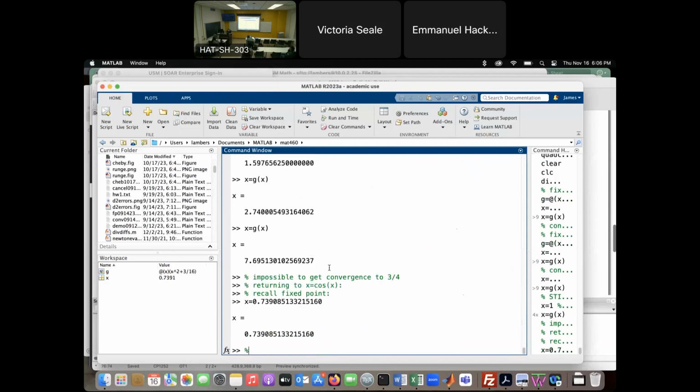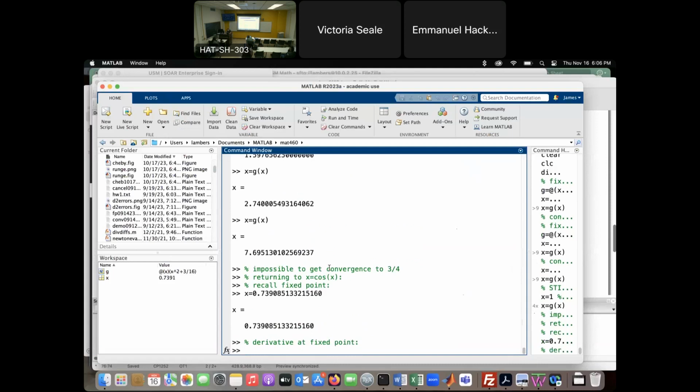So now, x equals... I don't need to type every decimal place. We're just getting the ballpark. So the derivative would be minus sine of x. And let's see what we get. Well, actually, I don't care about the sign, so I'll take the absolute value of that.